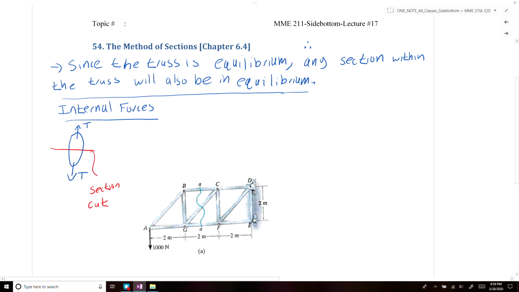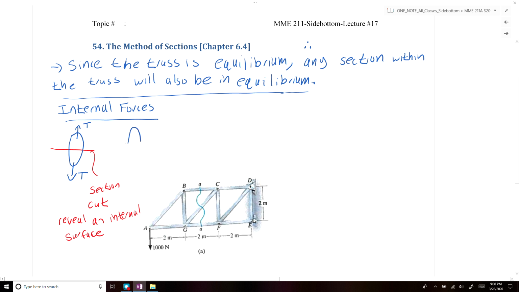What this does is reveal an internal surface within the structure or within the member. This is used throughout mechanical engineering, where you can take a section cut through any rigid body to reveal an internal surface.